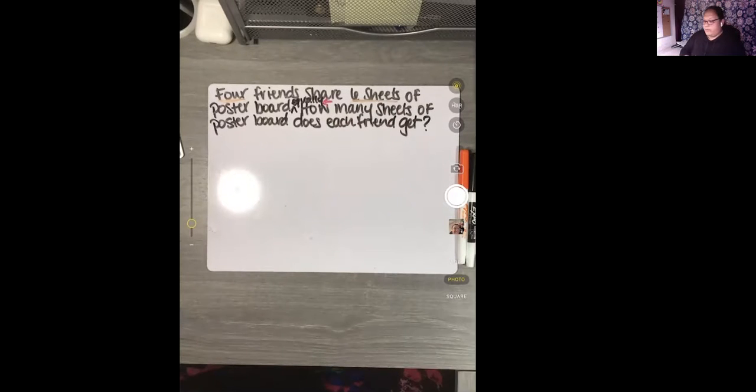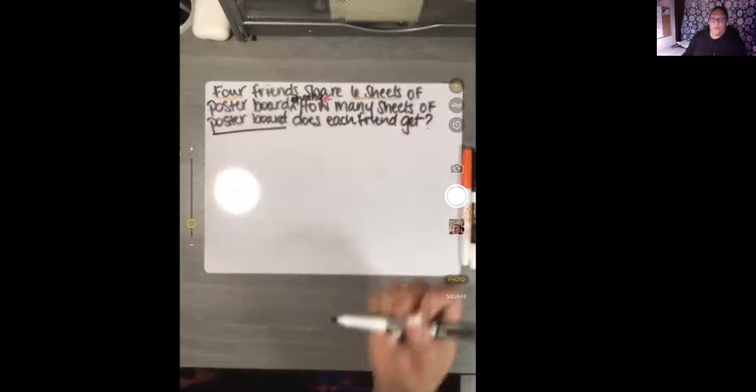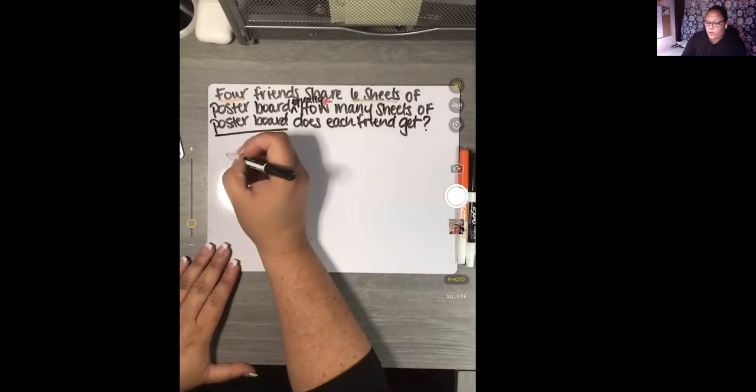Now, how would I draw this out? What are we going to share? We are going to share poster board. So how many am I going to share? I'm going to share 6.